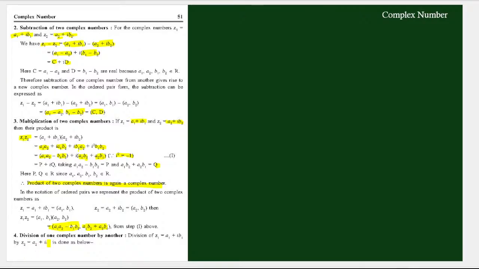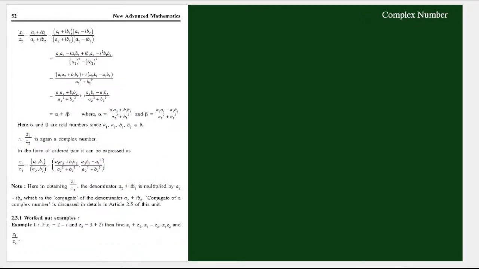Now come the division of one complex number by another. क्या आएगा? Z1 by Z2. Z1 is your A1 plus IB1. Z2 is your A2 plus IB2. Now Z1 by Z2.